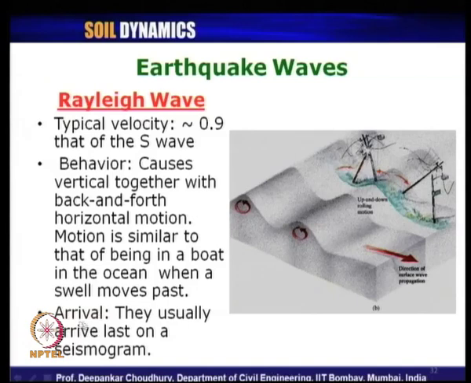Rayleigh waves usually arrive last on the seismogram. What does it mean? The Rayleigh wave has the least velocity among the 4 categories of waves we are studying. That is why it arrives last on the seismogram.